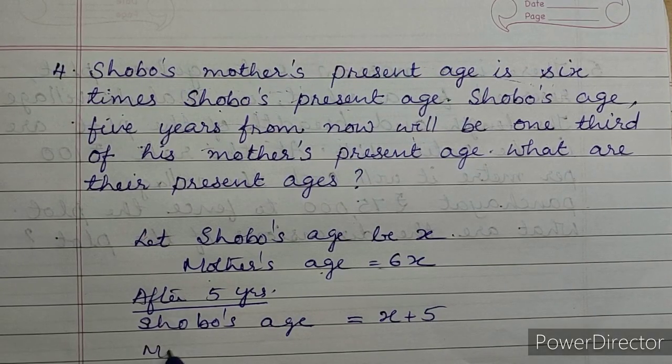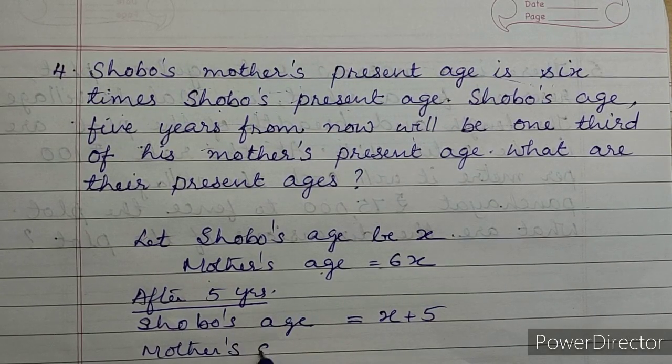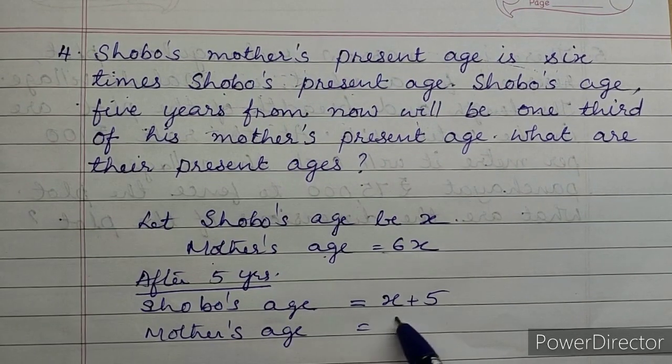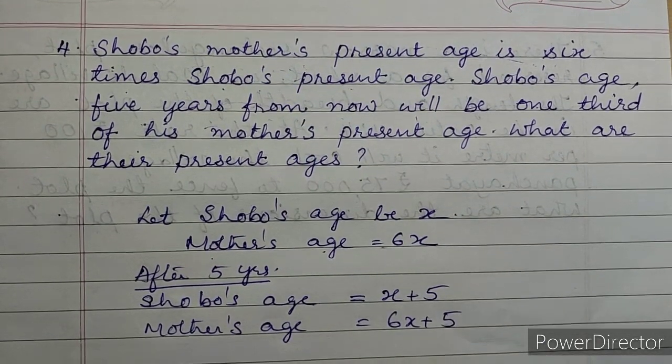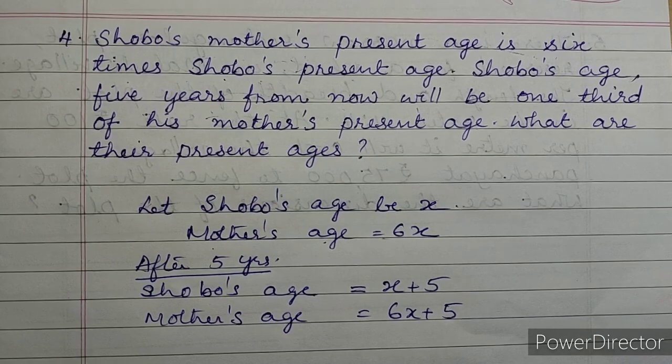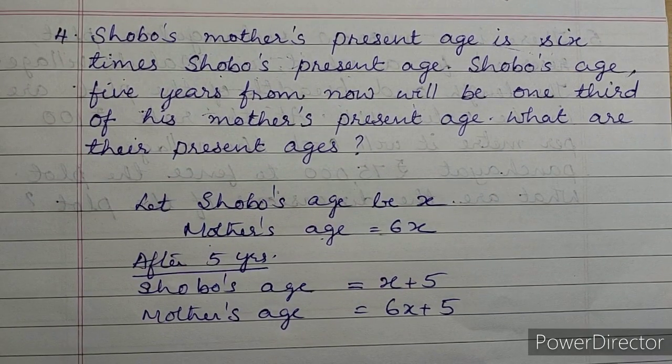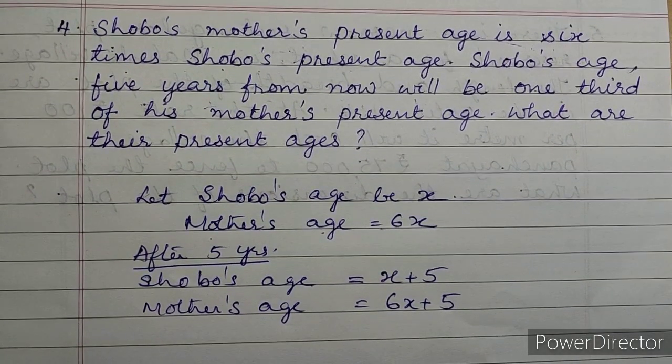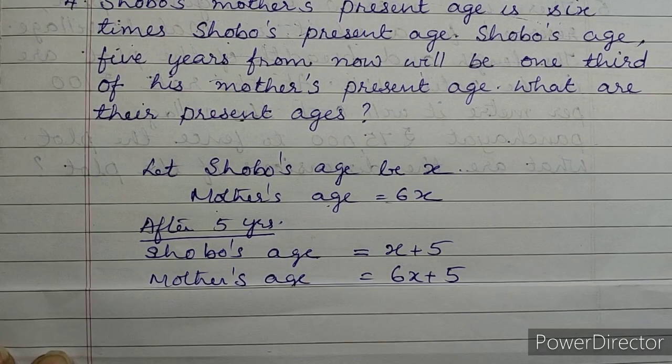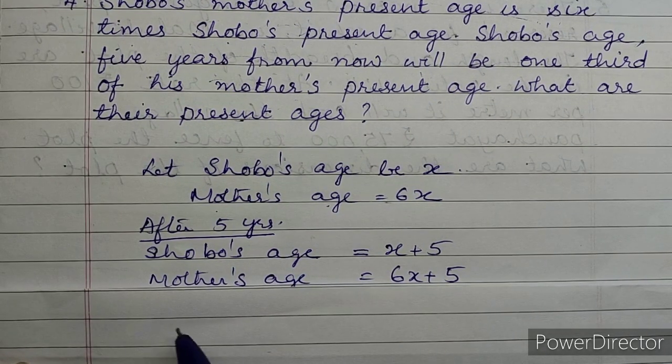What will be mother's age then? 6x plus 5. It will increase by 5. So Shobo's age after 5 years is x plus 5 and mother's age will be 6x plus 5. Now what is the condition given?